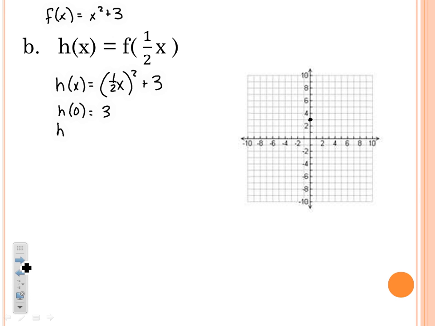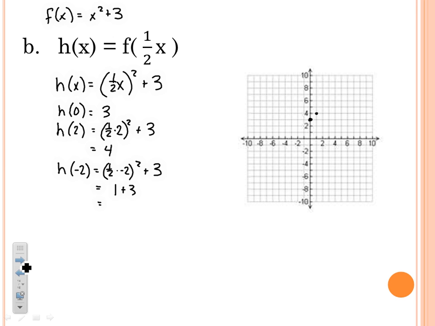I'm going to put in 2 this time, because I know I'm going to be multiplying 1/2 by my x, and that just works nicer. So I get 1 squared plus 3, which is 4. So when I put in 2, I got 4. Let's go with negative 2 then. 1/2 times negative 2, squared, plus 3. I'm going to get negative 1 squared, which is still 1. And I get another 4.